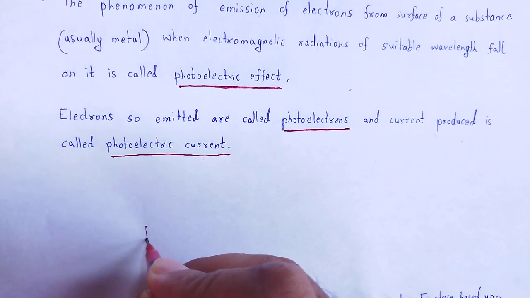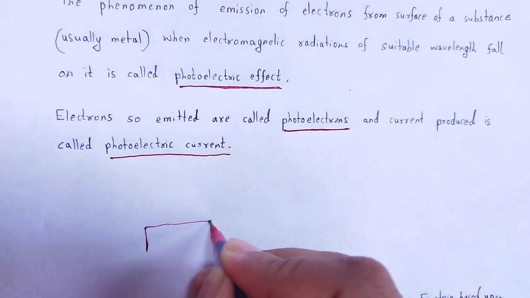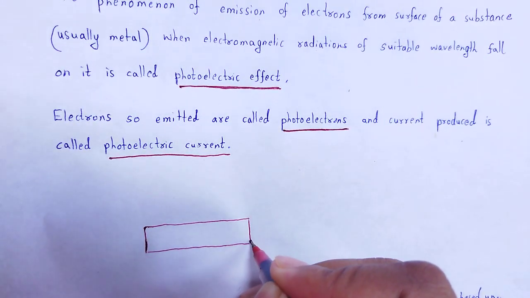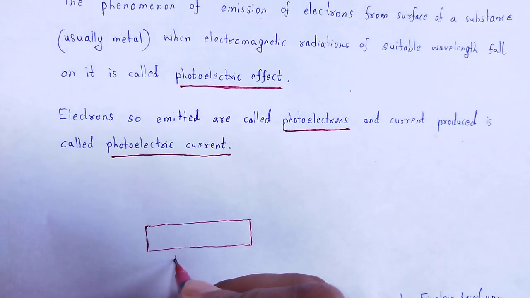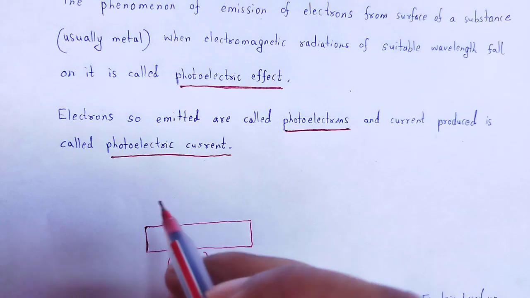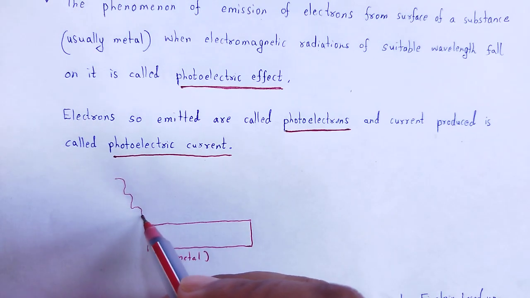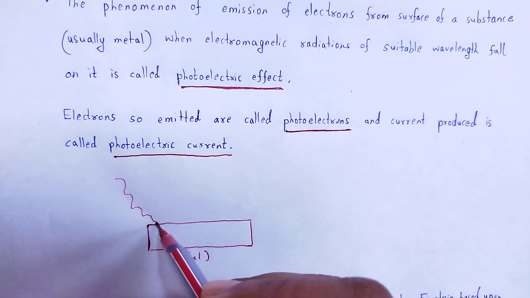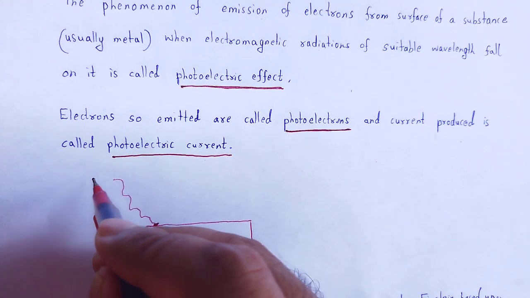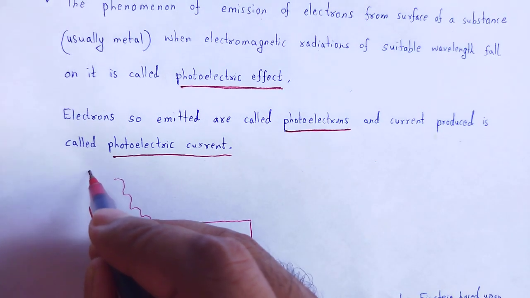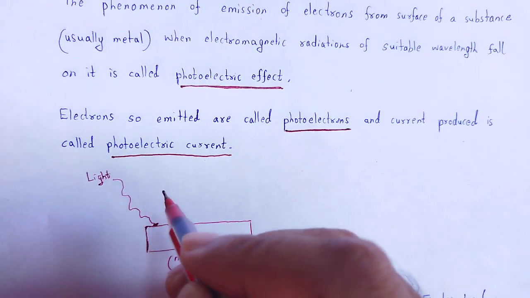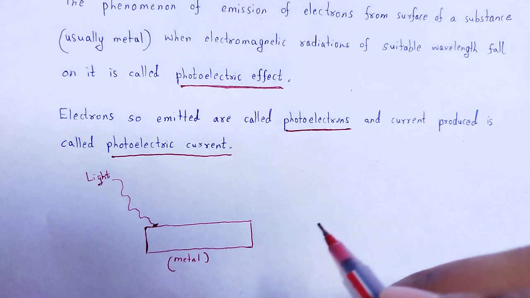Let us consider this is a metal surface. An electromagnetic wave is incident on it. Light is one type of electromagnetic wave.